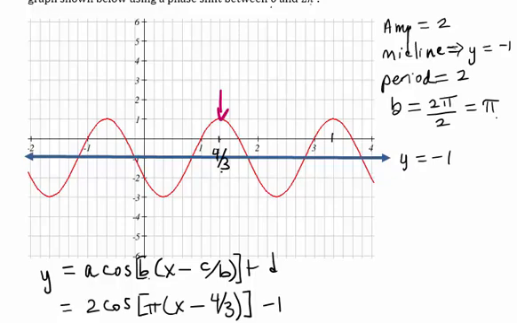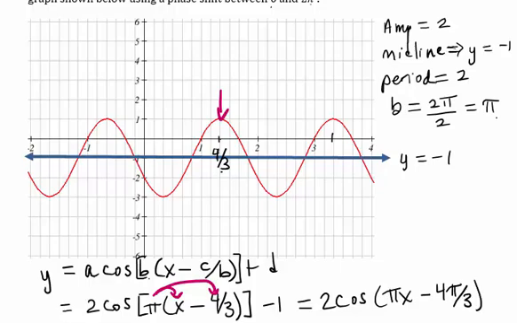And lastly, distribute the pi to each of those terms inside the parentheses, and we get 2 cosine of pi x minus 4 pi over 3, or 4/3 pi, minus 1.